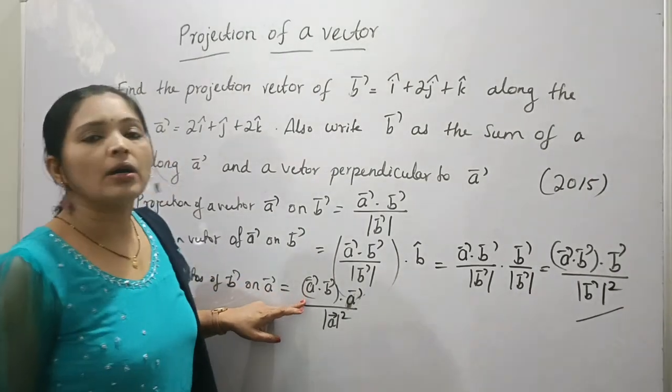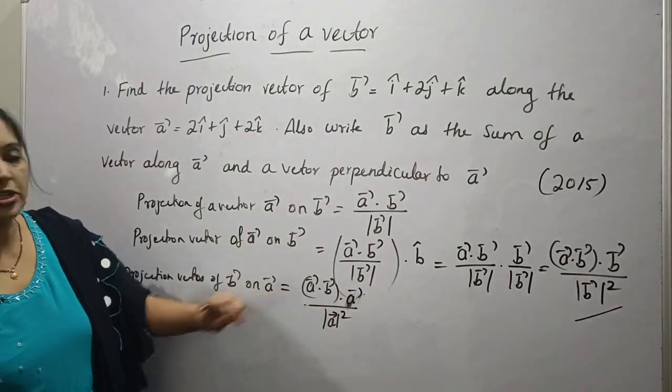So first of all, let's find scalar product vector A dot vector B.